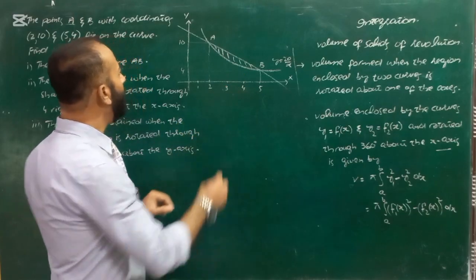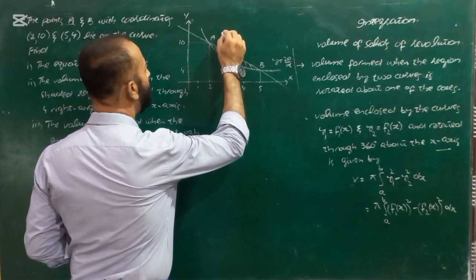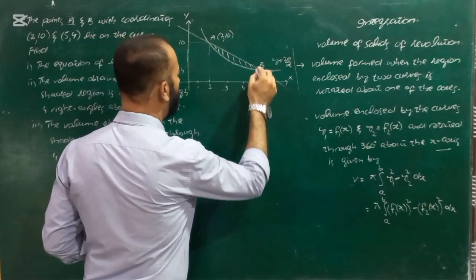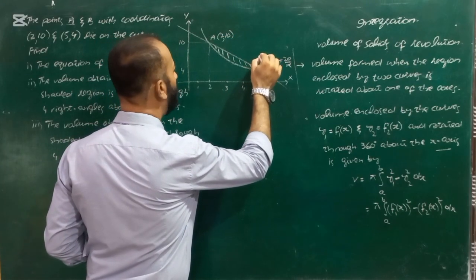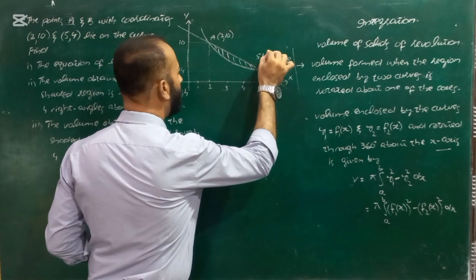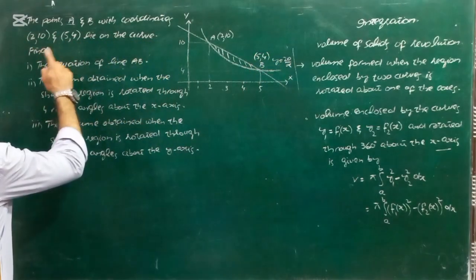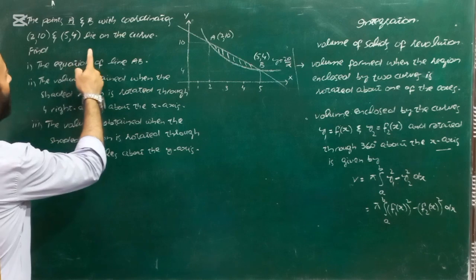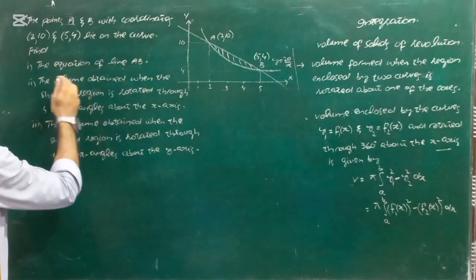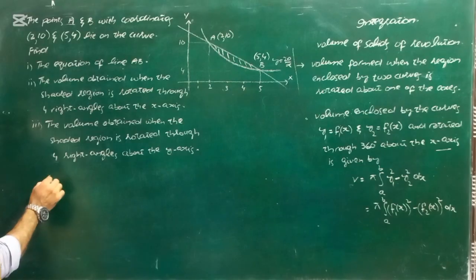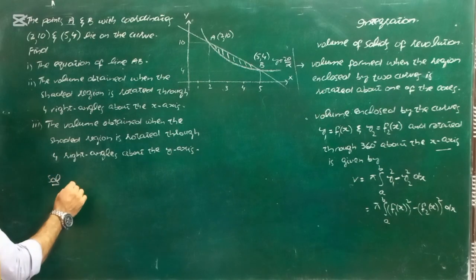So now it is given that points A and B with coordinates (2, 10) and (5, 4) lie on the curve. Find the equation of the line AB. So first thing that is required is to find the equation of the line AB.